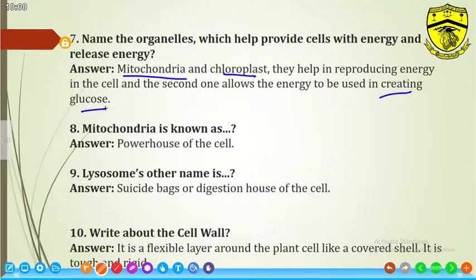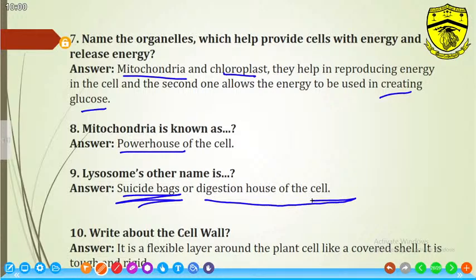Chloroplast, yes, the main function is photosynthesis. Next one, mitochondria is known as the powerhouse of the cell. Next one, lysosomes, other name is, yeah, you got it, suicide bags. Digestion house of the cell.